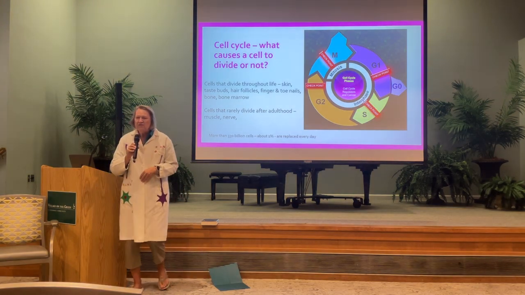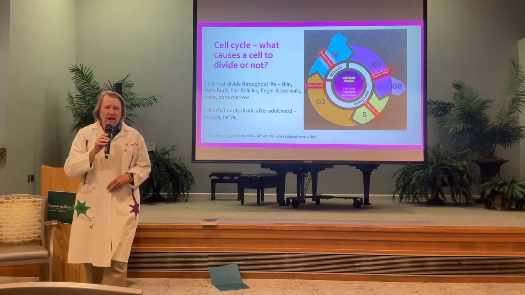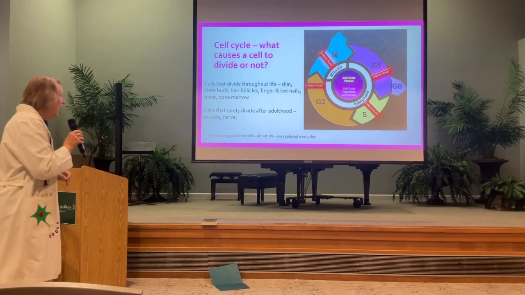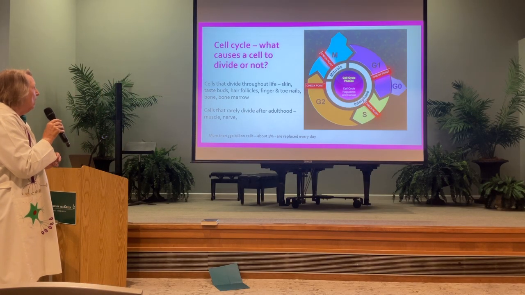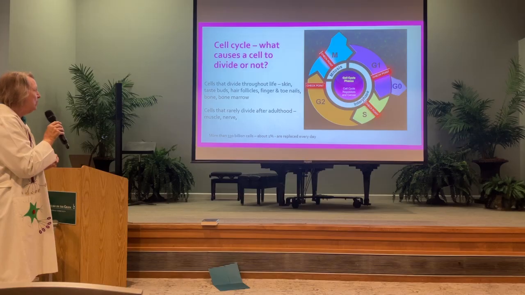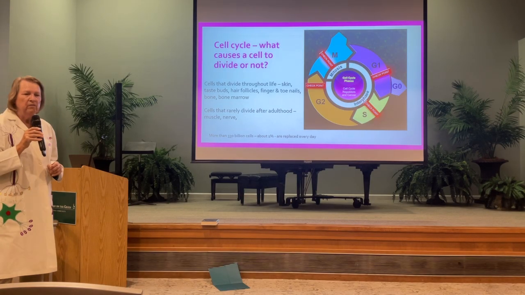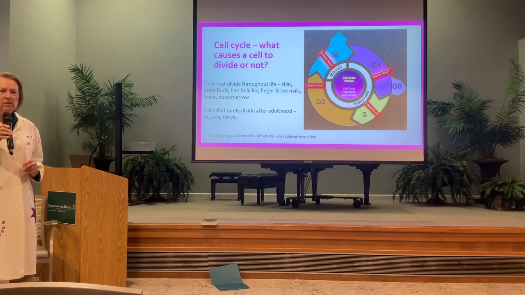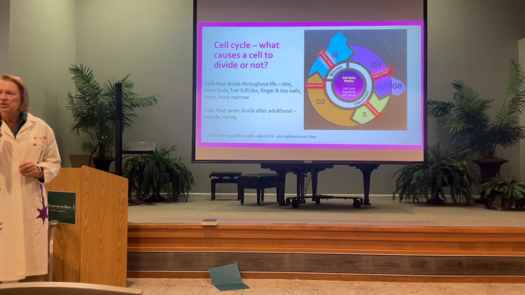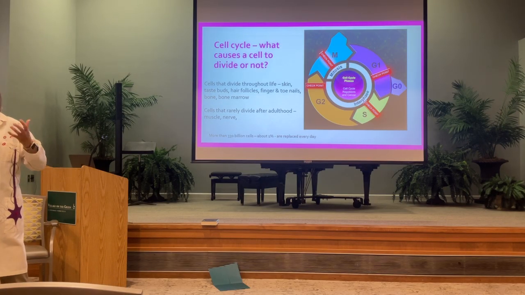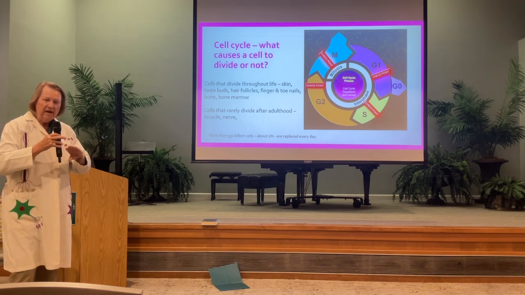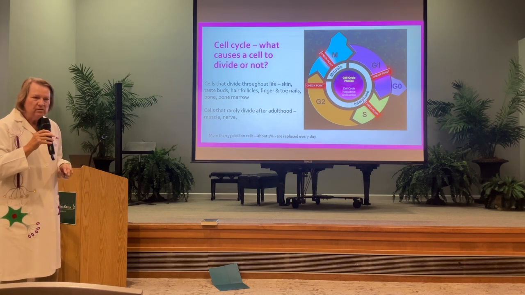So cells have a life cycle, just like humans have a life cycle. What decides whether they will divide or not? Well, some of them divide throughout your life. Have you ever burned your mouth on pizza? You know that within a day or two, your taste buds are back again. And when you file your nails, they grow again.